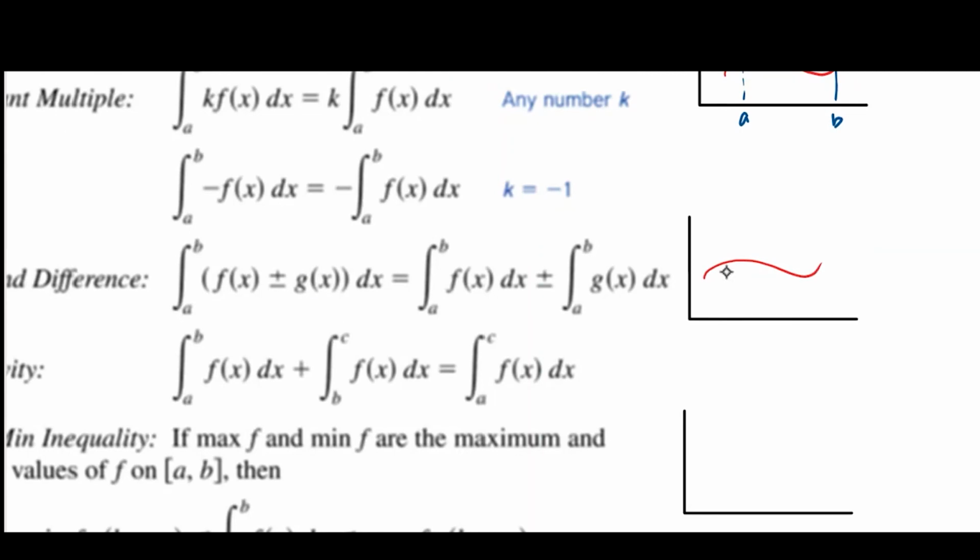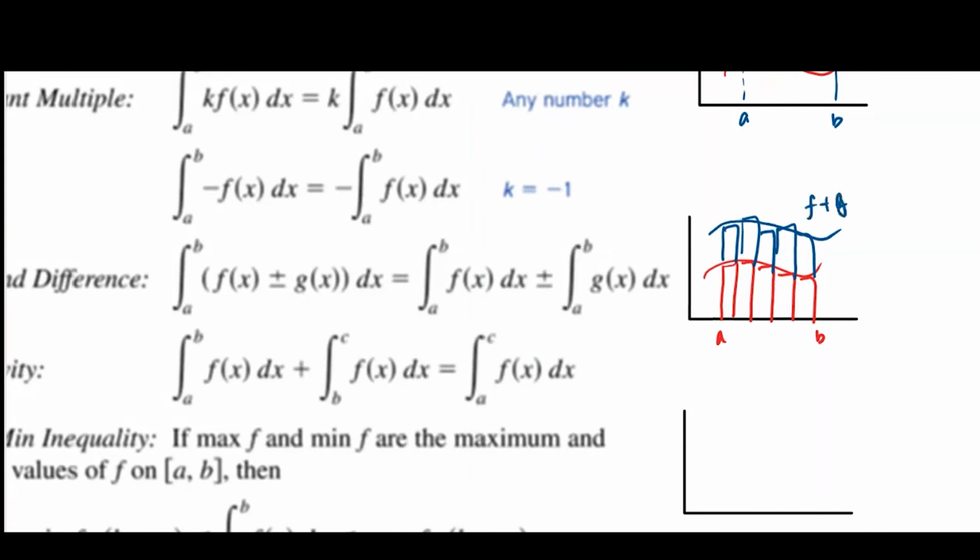So function f has these kind of rectangles from A to B. And function g, whatever it is, we're stacking it on top of this. It might be bigger and then smaller, and this function is f plus g now.